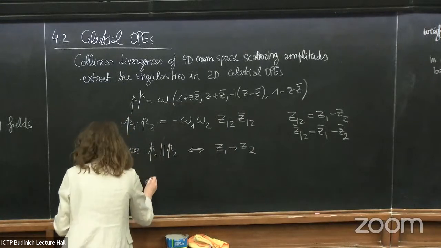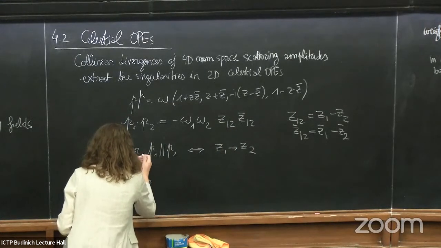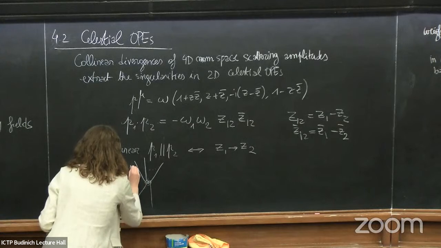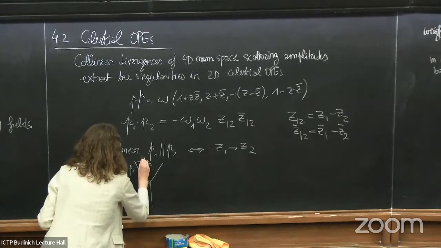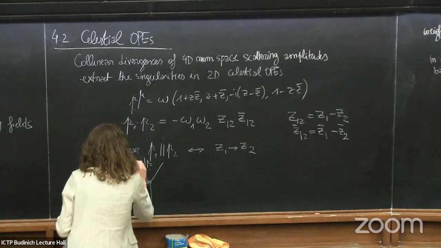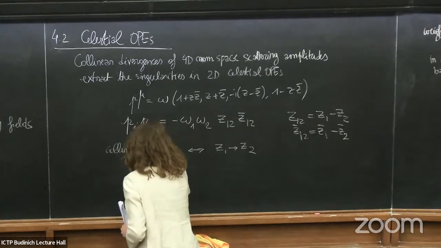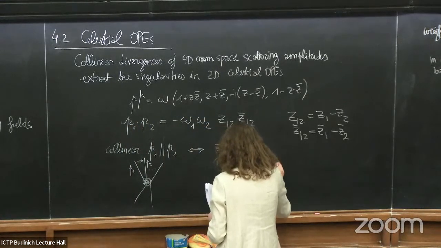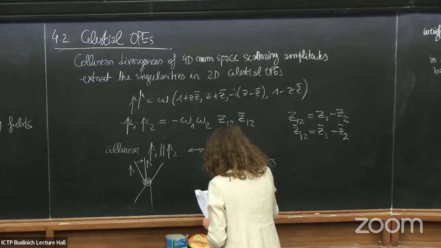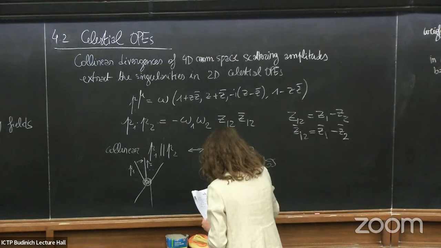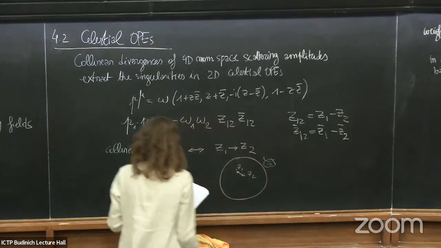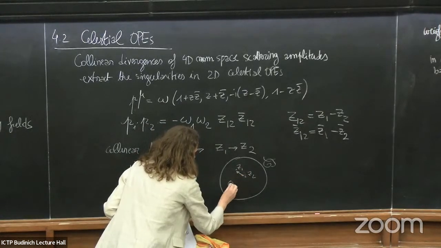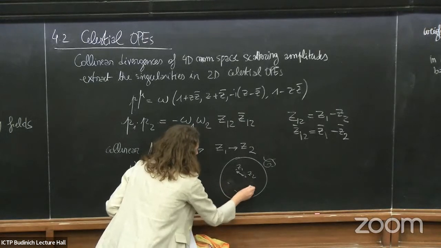So in other words, you have a scattering where you take these two momenta to be collinear. These correspond on the celestial sphere to looking at Z1 approaching Z2. So you just take these two points to be close to each other, and then you have other insertions.